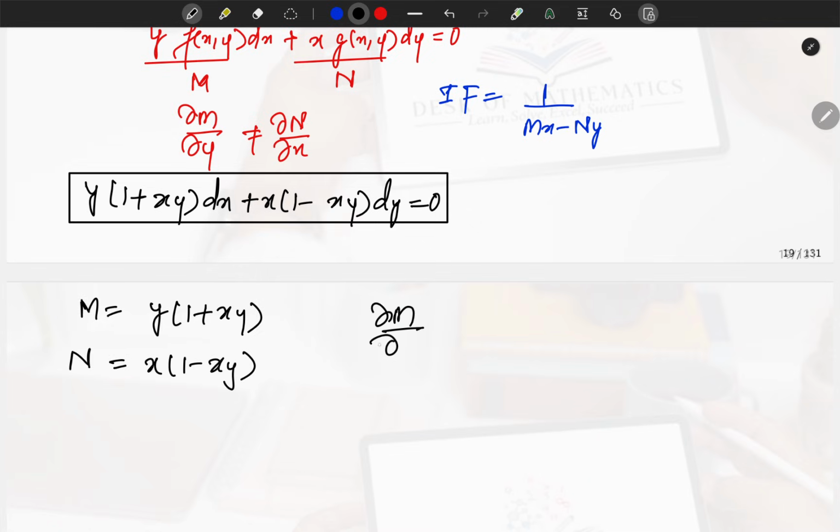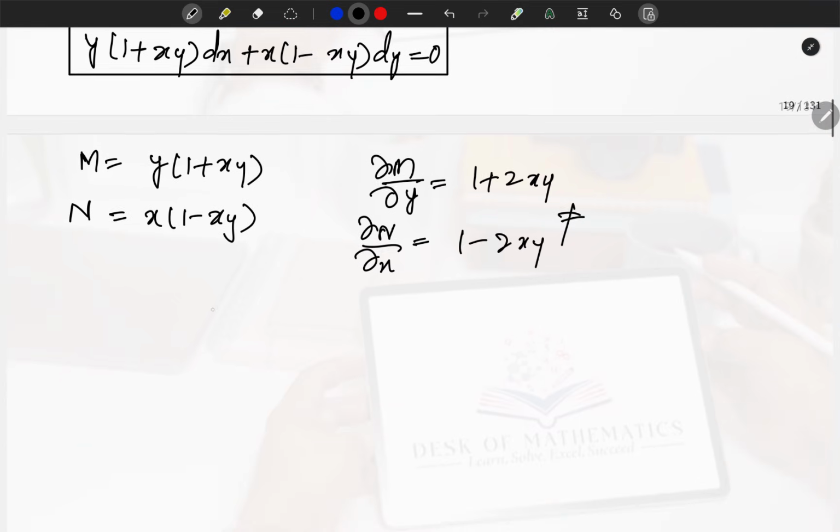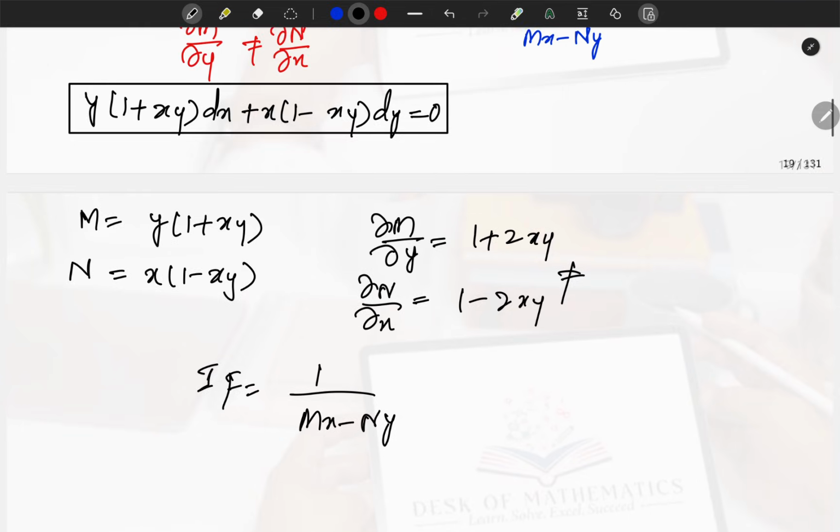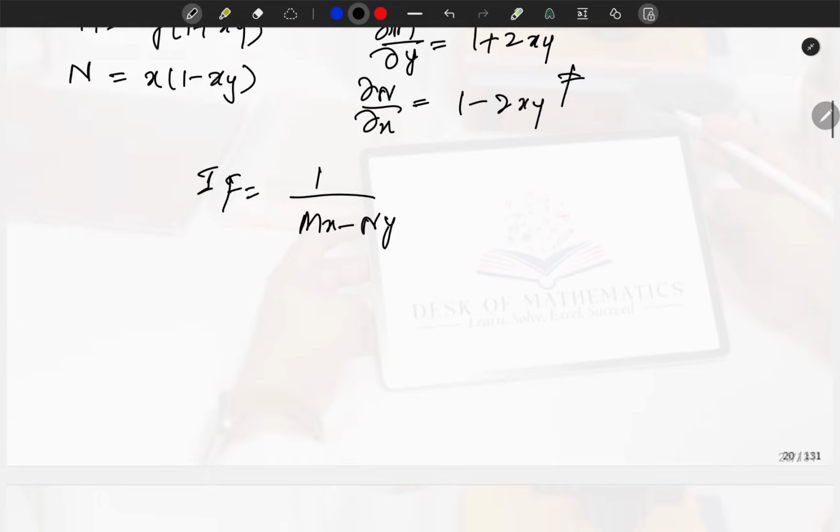Check ∂M/∂y and ∂N/∂x. You will see that they are 1 + 2xy and 1 − 2xy, so they are not equal. So you have to find the integrating factor, 1/(Mx − Ny), multiply it to the given equation, you will get M' and N', and it will become exact, and you can find the solution.